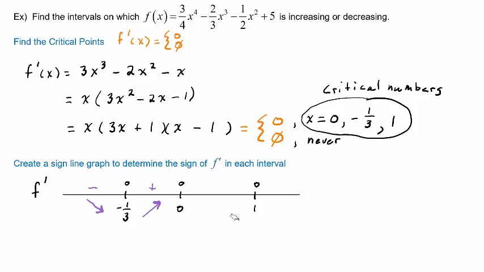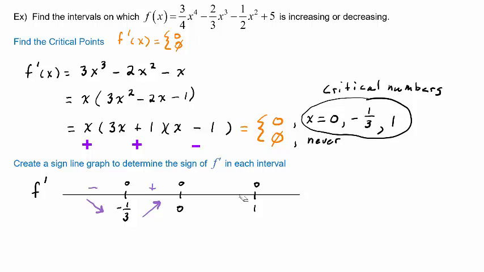A test point in here, I would probably use positive 1/3. And again, I'm using 1/3 and 1/6, those kind of numbers, since we have a 3 here. I want to use values that are easy to simplify with that 3. So if we have a positive 1/3, this would be positive, this would be positive, this would be negative.